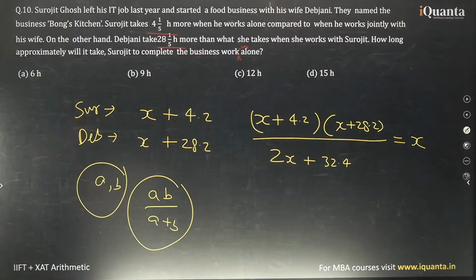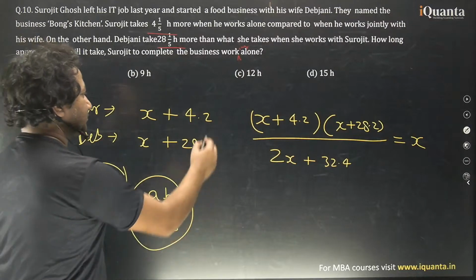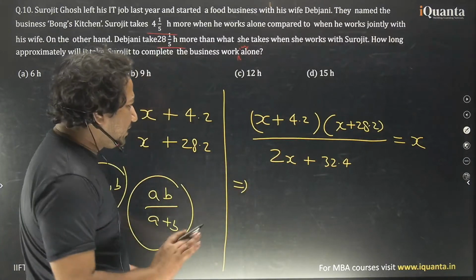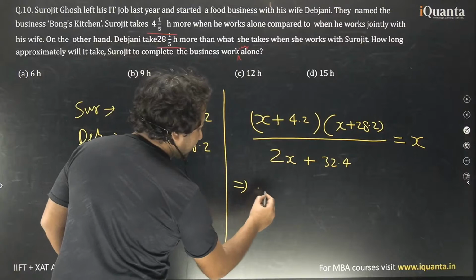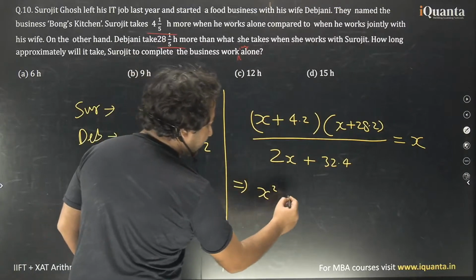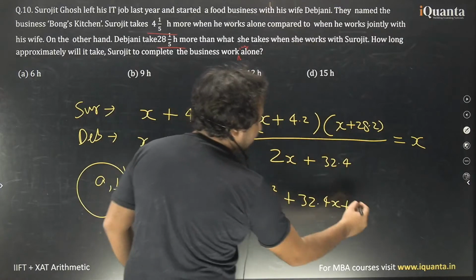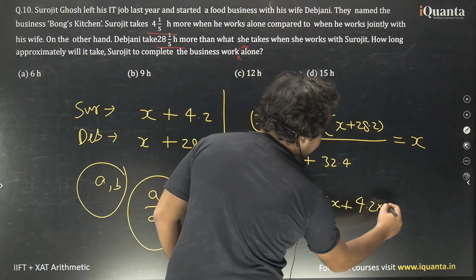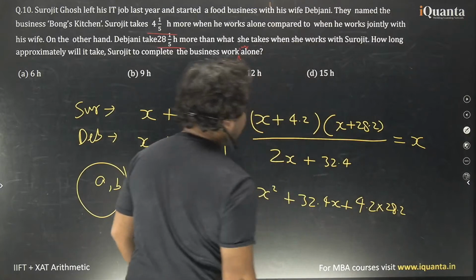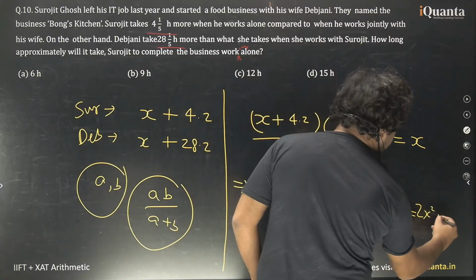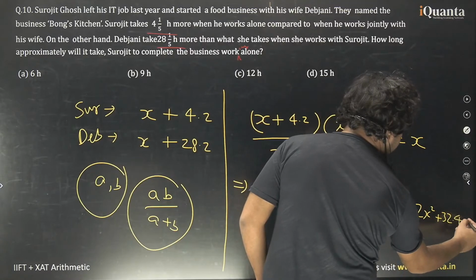All right. Such an ugly calculation this must look like, but I'll make it a bit interesting. If I open the bracket, I get x square plus 32.4x plus the product of these two, 4.2 multiplied by 28.2. This is equal to 2x square plus 32.4x.